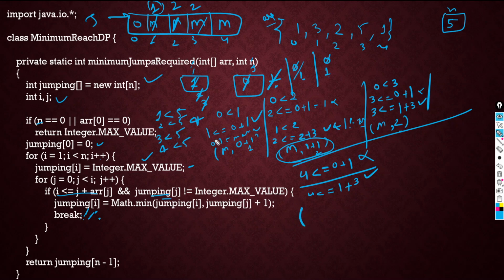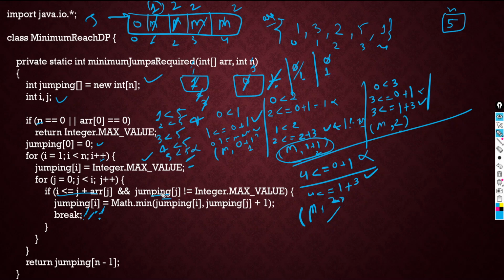Jumping of I, 4, is maximum, and jumping of j plus 1. Jumping of j is 1, 1 plus 1 is 2, and the minimum of this will be placed at this location, and this is again going to break. Again we come over here to the first loop. 5 is less than 5, it is failing.